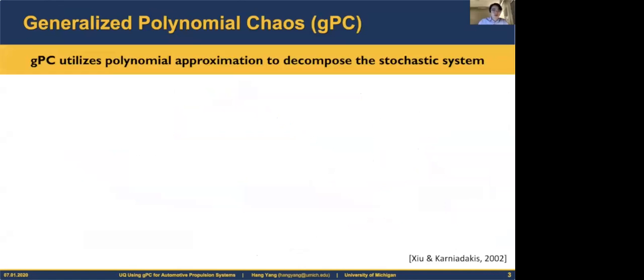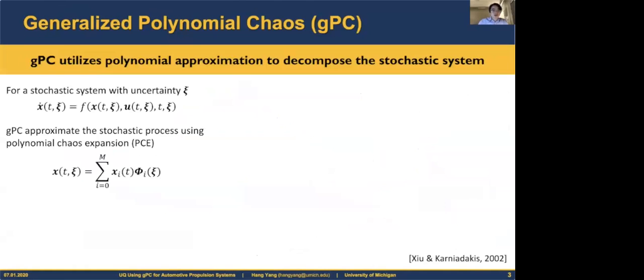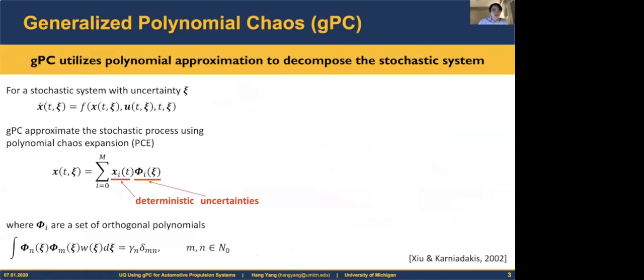To achieve that goal, we employ a technique called generalized polynomial chaos, or GPC. GPC utilizes polynomial approximation to decompose the stochastic system, essentially into two parts. The first part contains the deterministic part of dynamics, Xi. The second part contains the uncertainties or randomness which reside in a set of orthogonal polynomials phi.